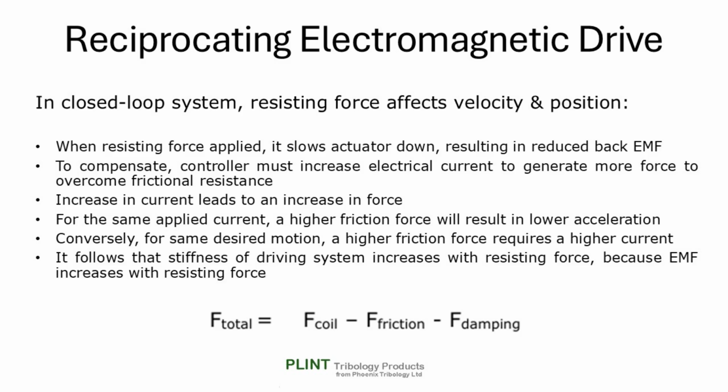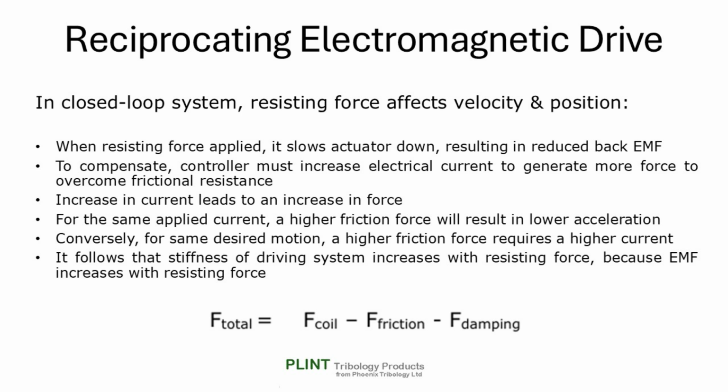The motion equations are as shown in the slide. F total is the net force available for acceleration or deceleration. This means that for the same applied current, a higher friction force will result in lower acceleration. Conversely, for the same desired motion, a higher friction force requires a higher current.